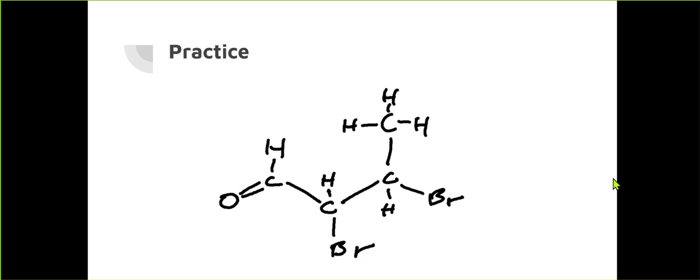Okay, so here's a practice problem. This is an aldehyde. Go ahead and give this a name. Just type it in when you're done.